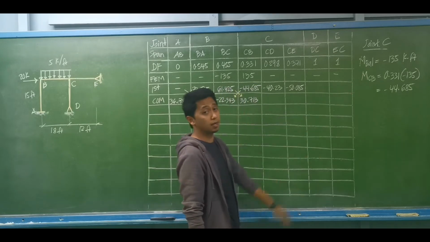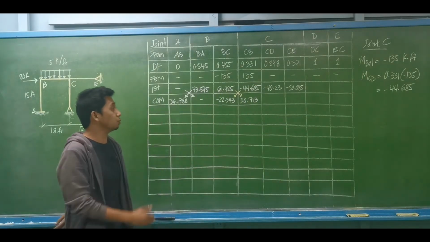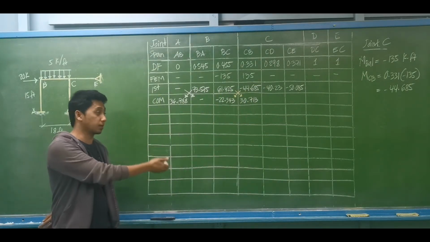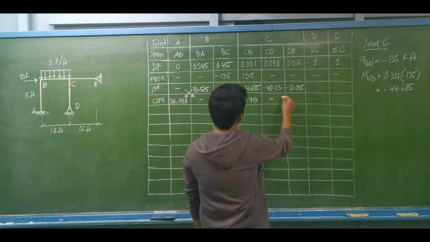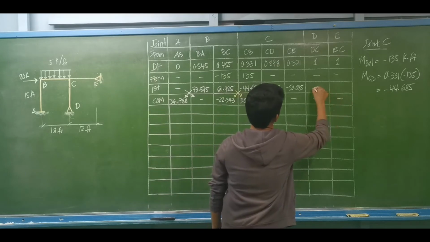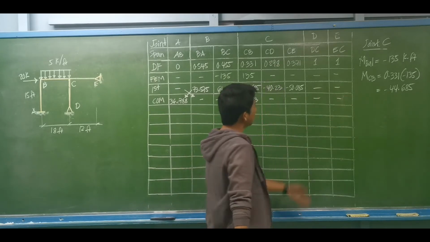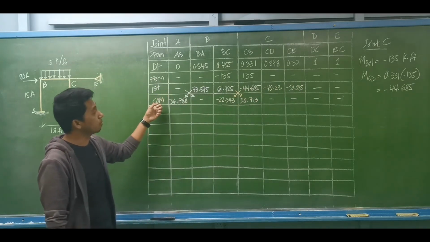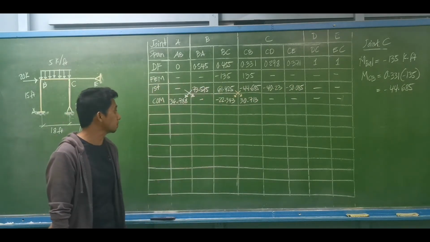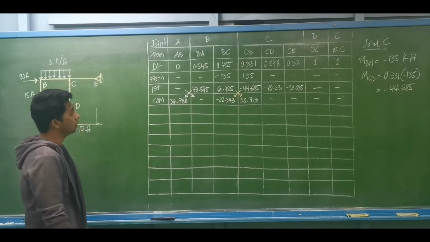So again, there is a simple support. We are not to carry over moment on that end. So again, this is 0, 0, 0, 0, 0. So again, we are not performing first distribution and carryover moment for simple supports. So that will be our carryover moment.